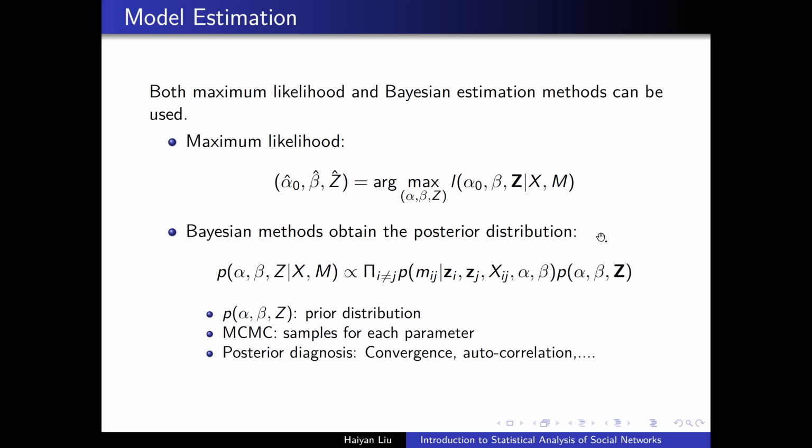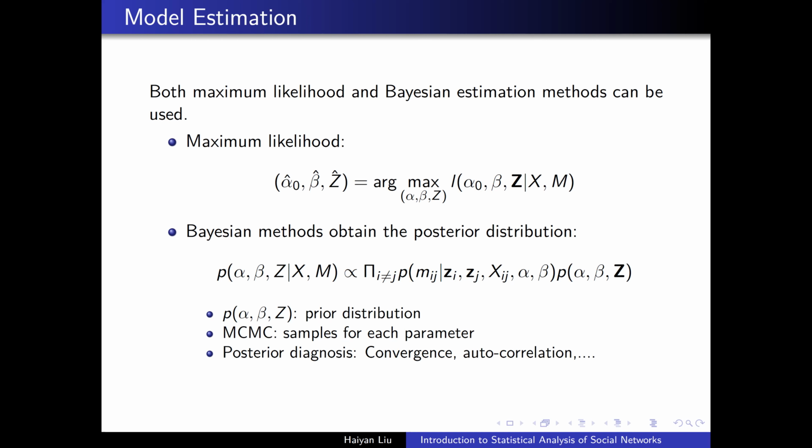To implement the Bayes method, we also need to specify priors for model parameters, which includes the latent positions. Usually for regression coefficients, which have no direction, we could choose normally distributed priors. For latent positions here, we could also choose normal priors.